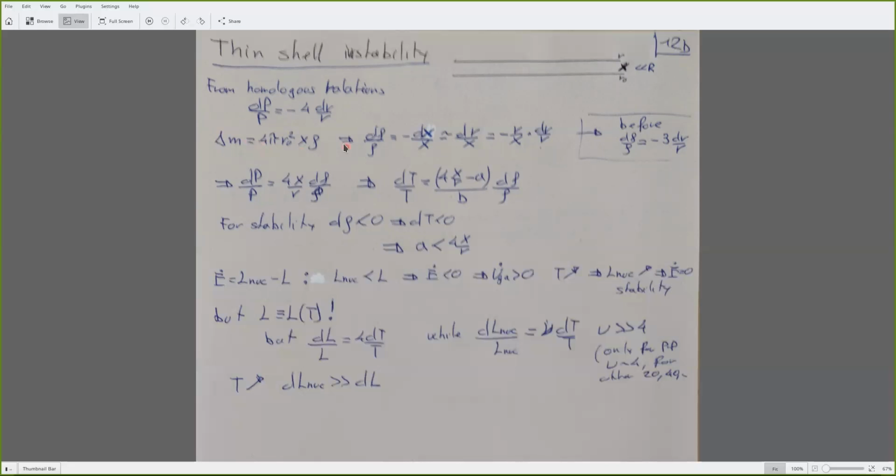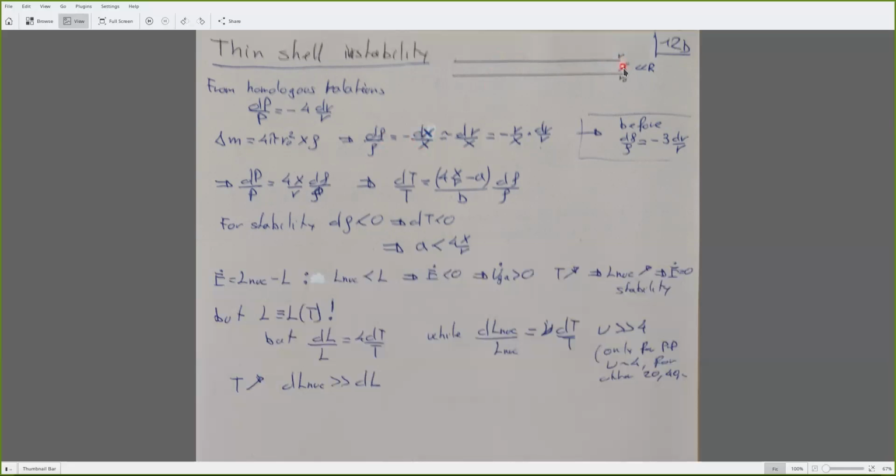The change in the mass in this small thin shell is, classically, 4π R squared, the surface, multiplied by how thin the shell is, multiplied by the density. This is the volume times the density. That means that the variation in density of the thin shell is proportional to minus delta x divided by x.